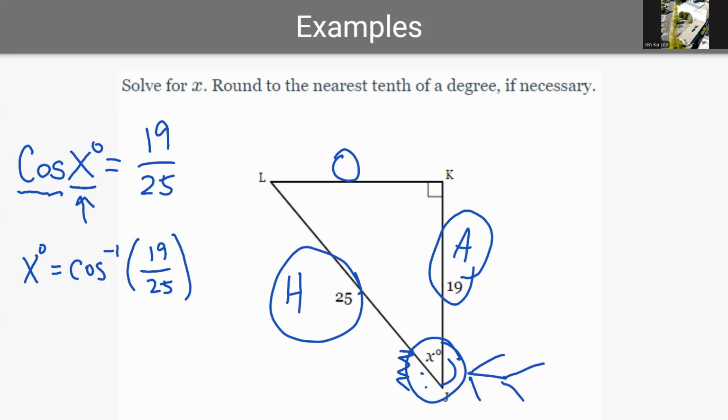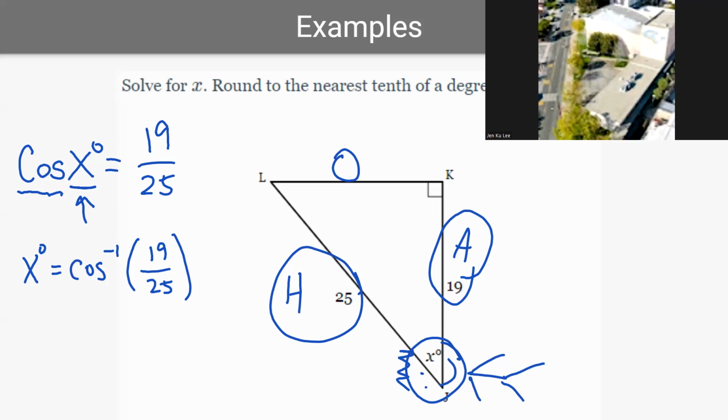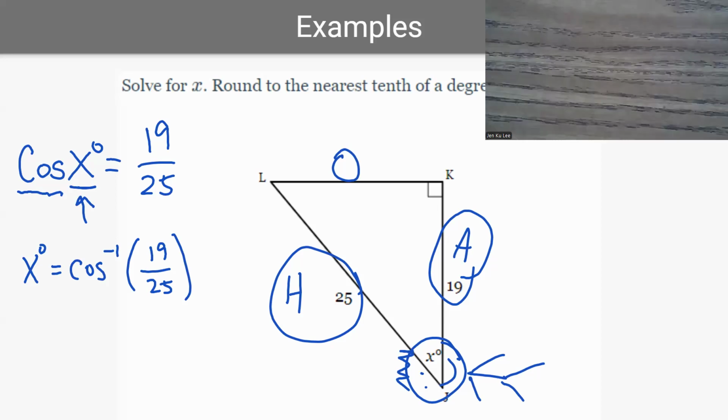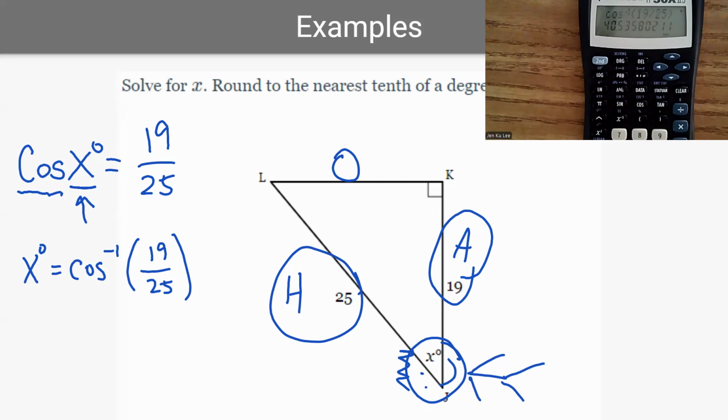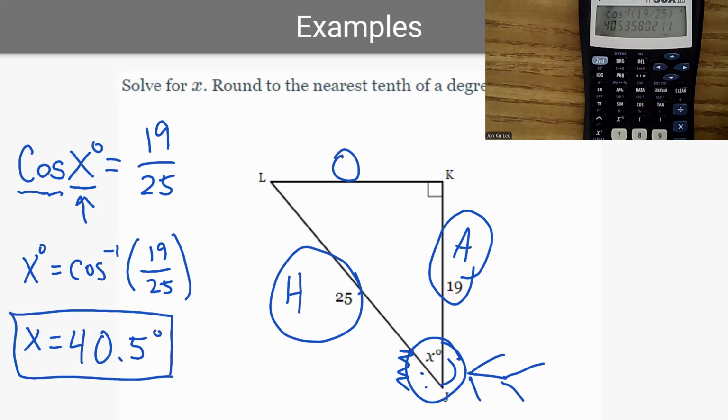I will show this to you one last time with the calculator so that we get it. So the inverse cosine of 19 divided by 25 is 40.5, right? That is going to be your answer here, 40.5 degrees.